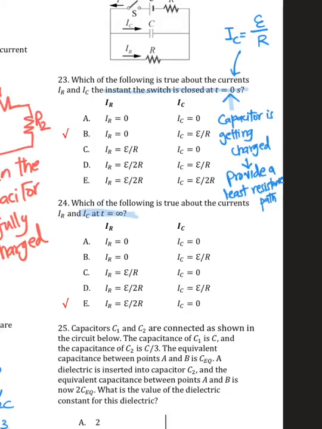Look at this, t equal to infinity. So let's again look at the process which is happening. T equal to infinity means the capacitor is fully charged. What do you mean by fully charged? It is going to act like an open circuit.